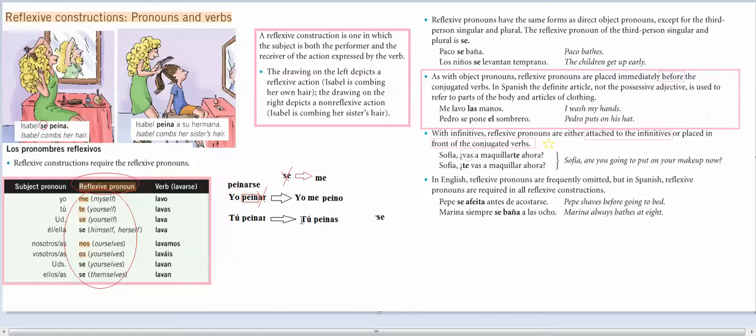And if it's you who's doing the combing and you're combing yourself, I'm going to have to change my "se" to "te." And it's going to go in front because again, reflexive pronouns are placed immediately before conjugated verbs.